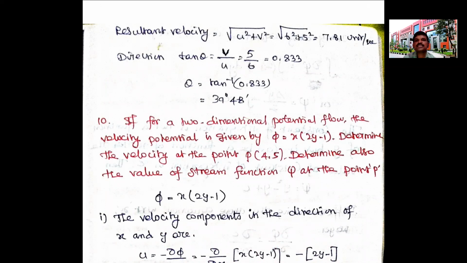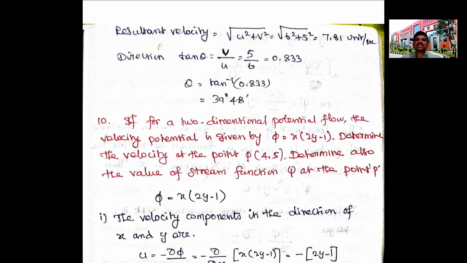So root of 6 square plus 5 square is equal to 7.81 units per second. So this is the answer. This is called the resultant velocity, or sometimes the magnitude of the velocity.